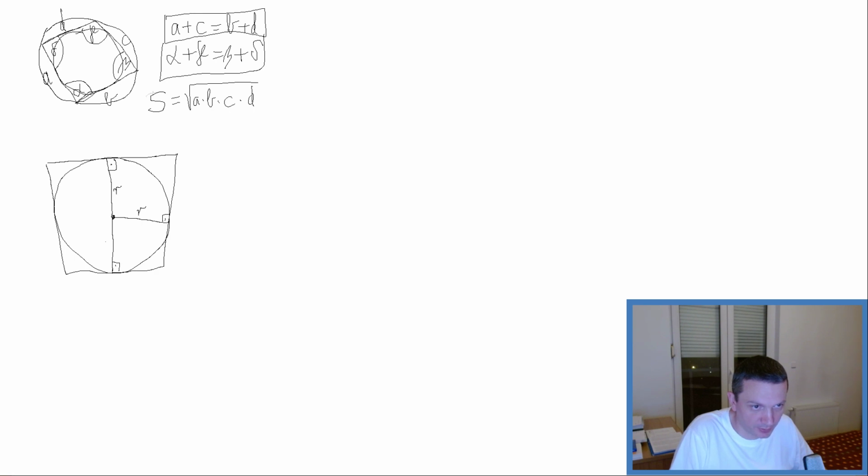Here is a perpendicular, r. Okay, I can't draw that precisely, but you understand this is again a perpendicular and r.